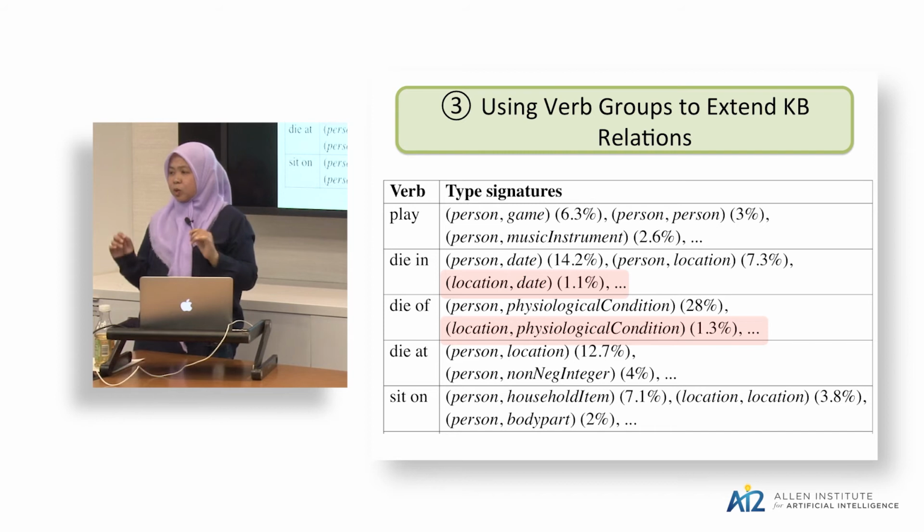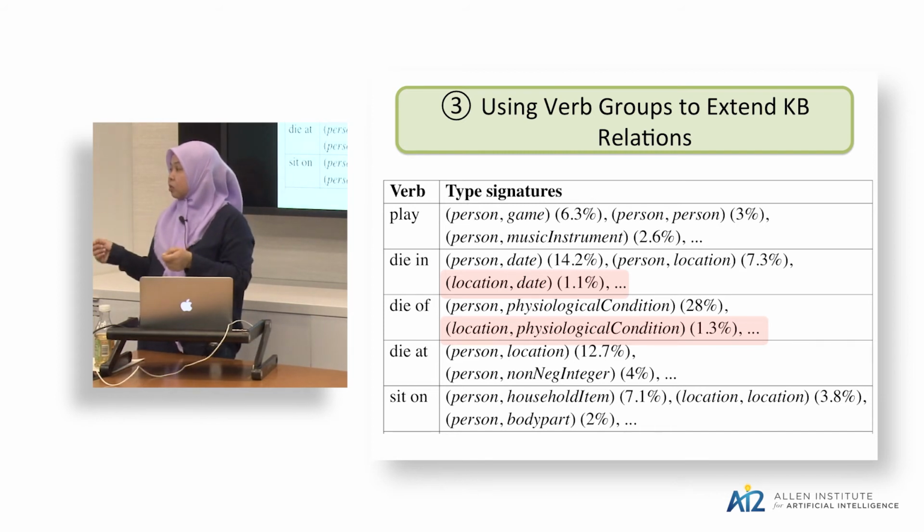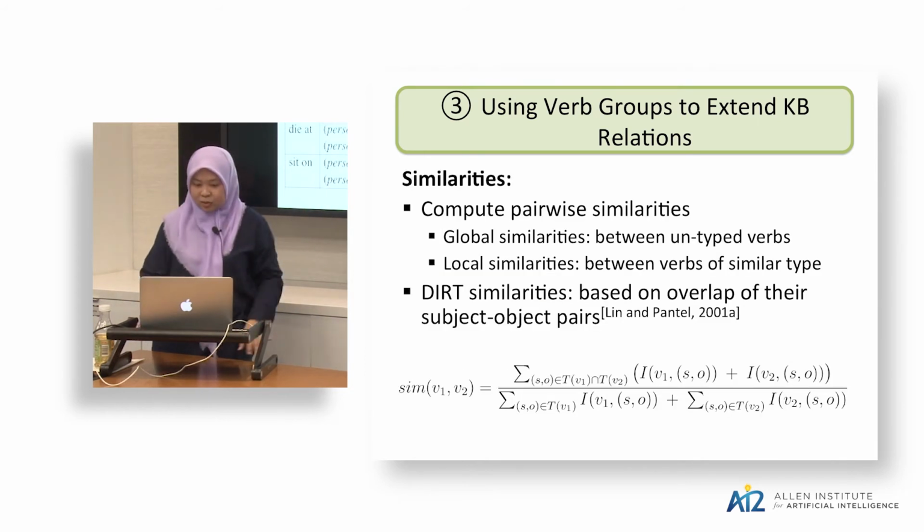This happens because we do the typing of the subject and object out of context. Davis, for example, can be both a person or a location. So this is how we end up with some of these wrong so-called type signatures for verbs.